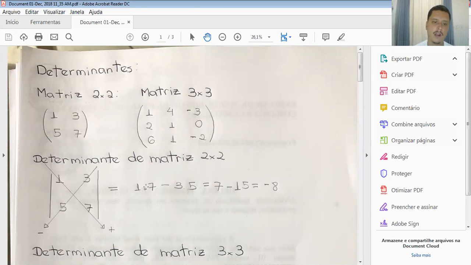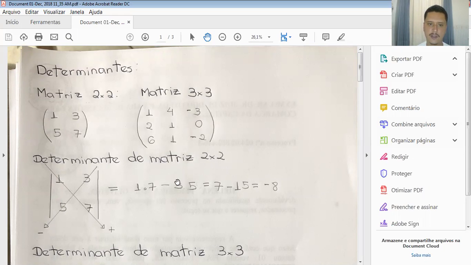So 1 times 7, and then in the secondary diagonal, which is the ascending line going left to right, or the descending line going right to left, you calculate its product, which is 3 times 5 equals 15, and then you put a minus sign in front of it.